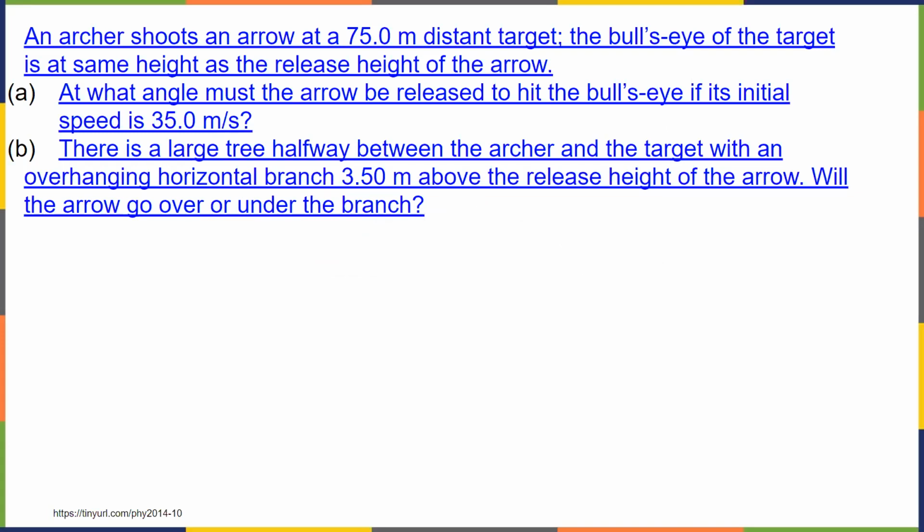It's asking, at what angle must the arrow be released to hit the bull's eye if the initial speed is given as 35.0 meters per second? And then, if there's a large tree halfway between the archer and the target with an overhanging horizontal branch 3.5 meters above the release height of the arrow, will the arrow go over or under the branch?